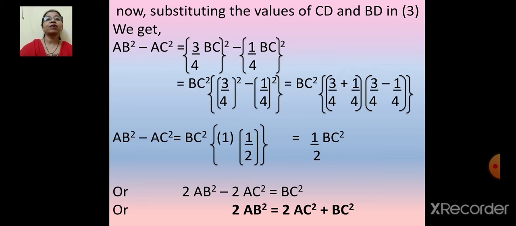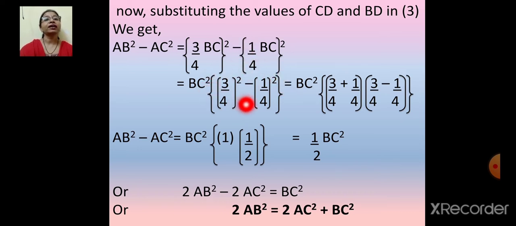Now substituting values of CD and BD in equation 3, we get, left hand side is AB square minus AC square is equal to, now CD is replaced by 3 by 4 BC the whole square and BD is replaced by 1 by 4 BC the whole square. Right. Now BC square is common in both the terms. So take out that BC square outside the bracket. So what will remain in the bracket? 3 upon 4 square, this minus sign, and 1 upon 4 the whole square.